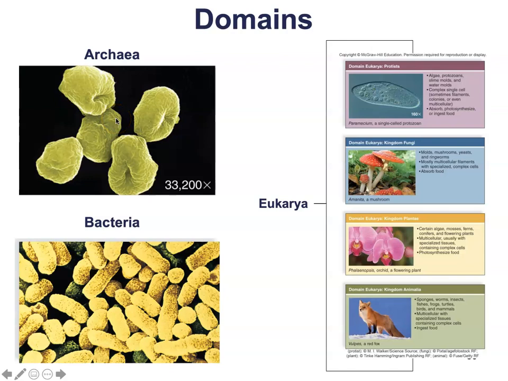Domain archaea contains unicellular prokaryotes that live in extreme environments, probably very similar to primitive Earth. So like I said before, prokaryotes lack a membrane-bound nucleus. They're going to come in a variety of shapes.